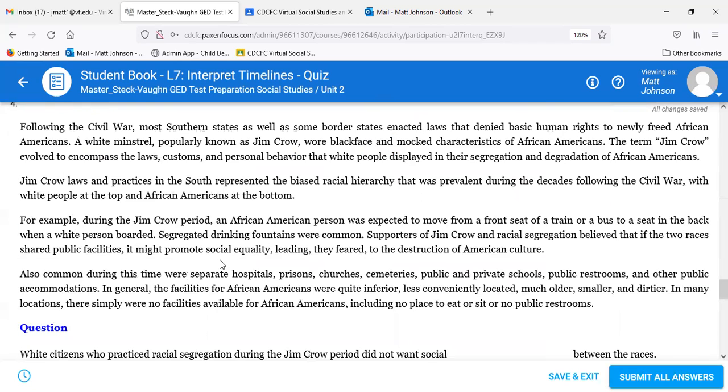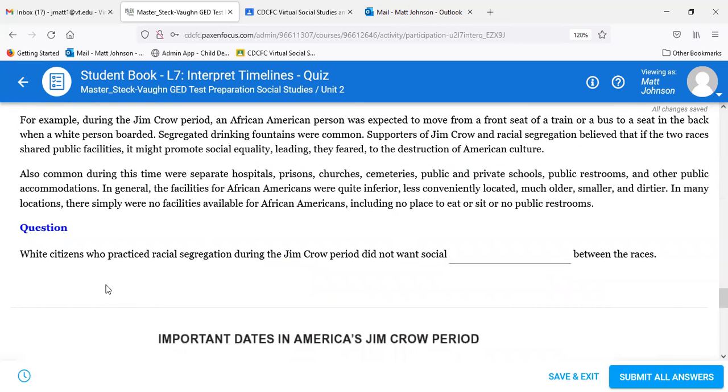And let's see, Etta, you want to read number 4 for us? Okay, it says white citizens who practiced racial segregation during the Jim Crow period did not want social equality between the races. Yeah, and equality is your answer there. So it says right there in that second paragraph, share public facilities, it might promote social equality.